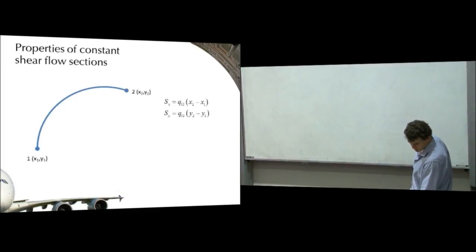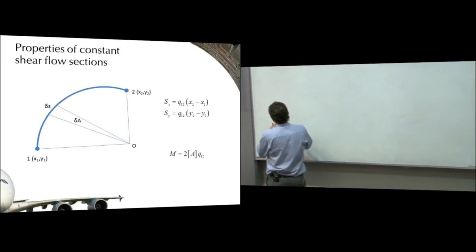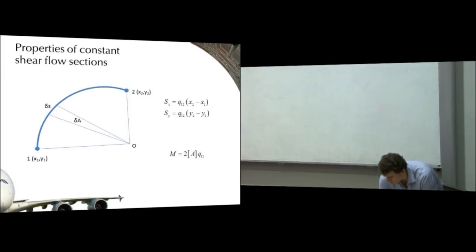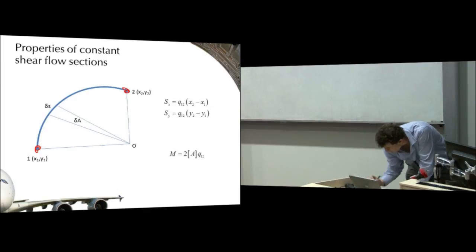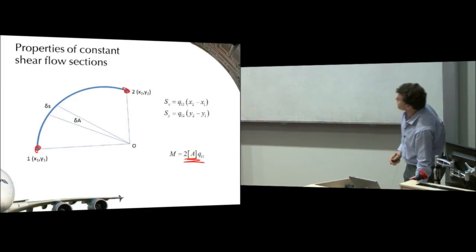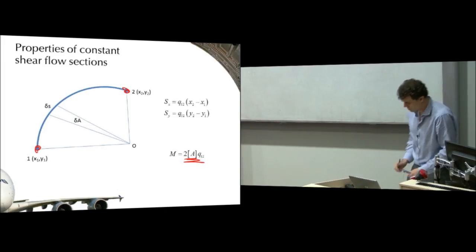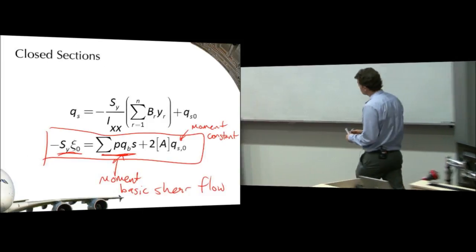Let's just go back to our description here. Remember that if we've got any two booms, so these are our two booms here, and we've got a panel in between them, then we can work out the moment caused by that shear flow using this simple formula, sum of 2AQ. That's exactly the same here.